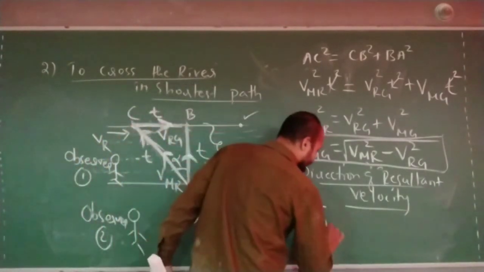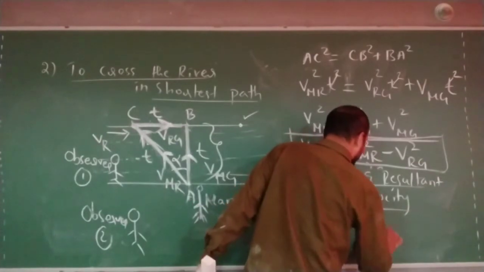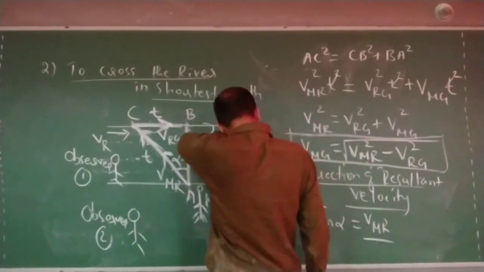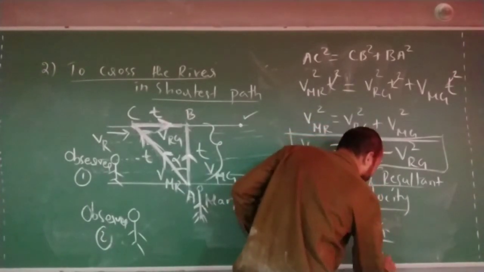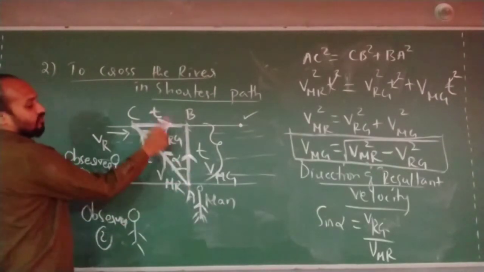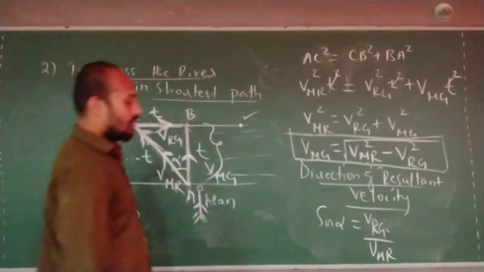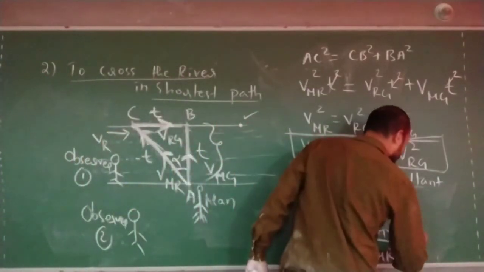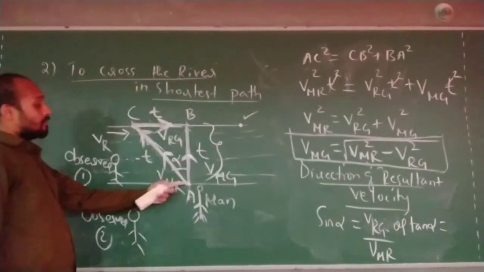Okay, so I can write sin alpha is equal to VRG divided by VMR. Or you can take tan alpha is equal to VRG divided by VMG. That also, or you can take, if you know this, tan alpha is equal to opposite by this.